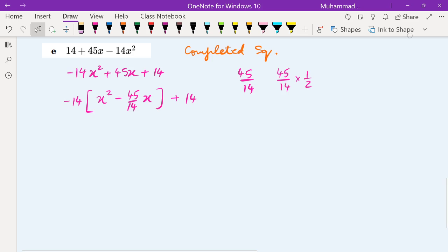So it would be 45 over 28. There you go. And now when you square it up, you get 45 over 28 squared. Fine. So how will you write the completed square now?